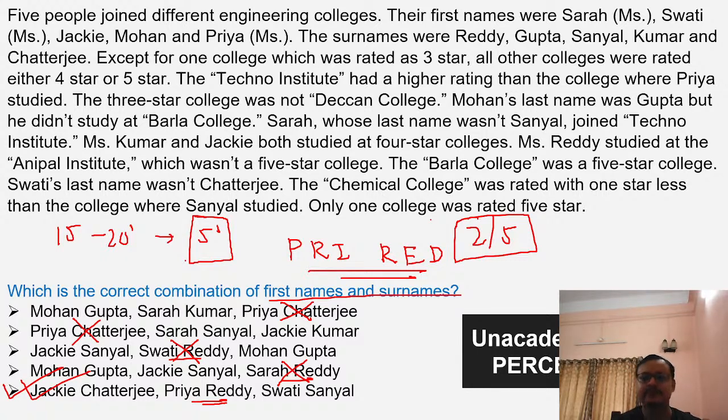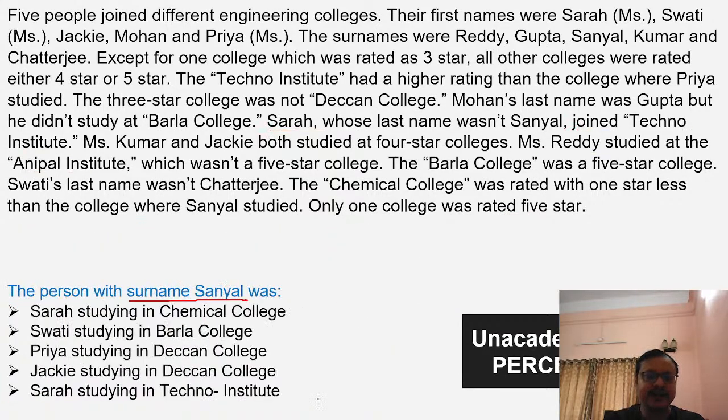Now, again, pause. Why? Because you've given yourself another major clue. That is the full names, and you've got the full name of Swati Sanyal. The fifth question in the set is specific to the person with surname Sanyal.